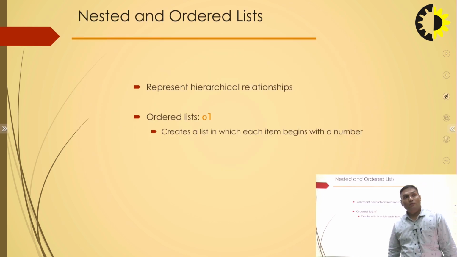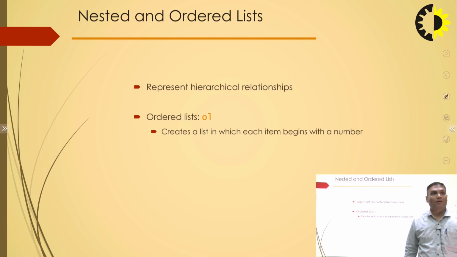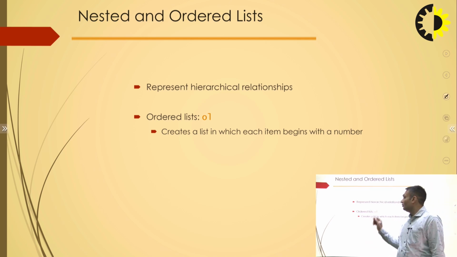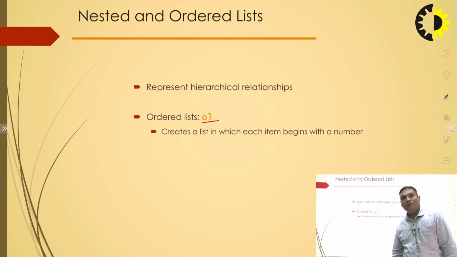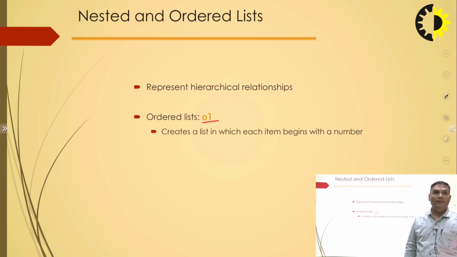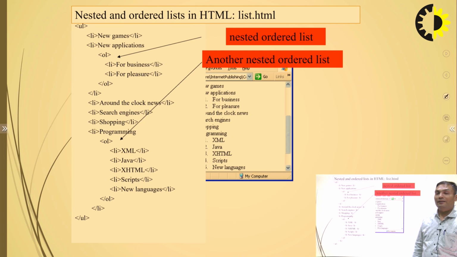Now we can do the nesting or ordering of the list as well. To make an ordered list, we use the OL tag, and the thing that is common in ordered and unordered lists is list items. So let's see an example.